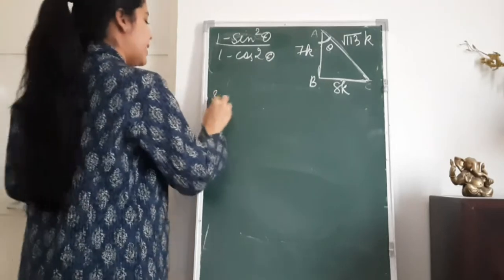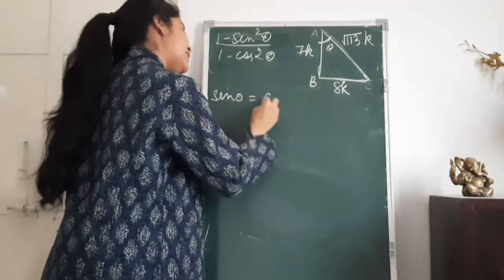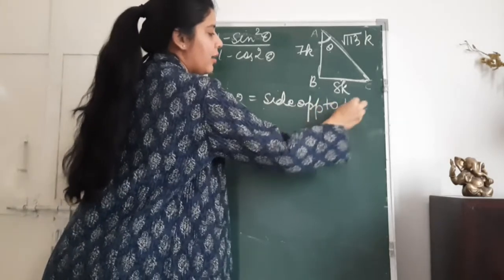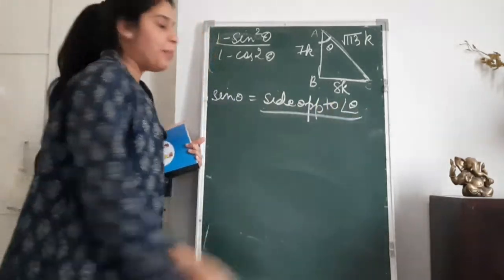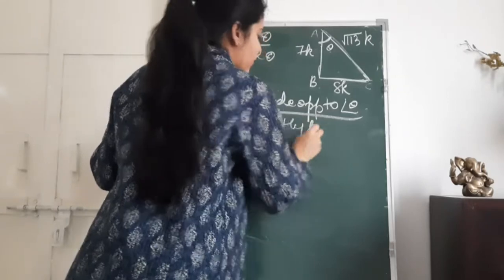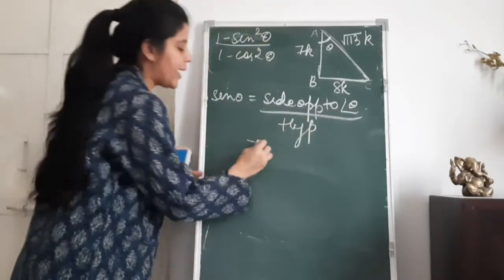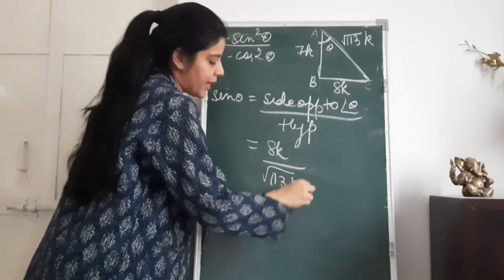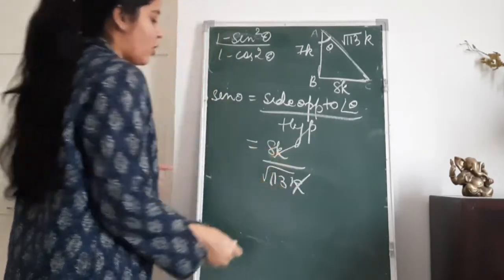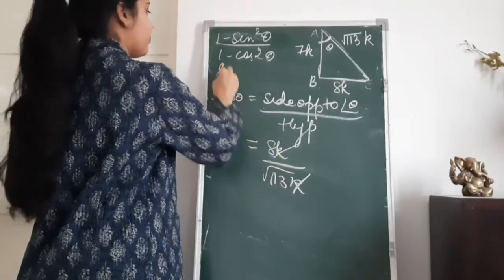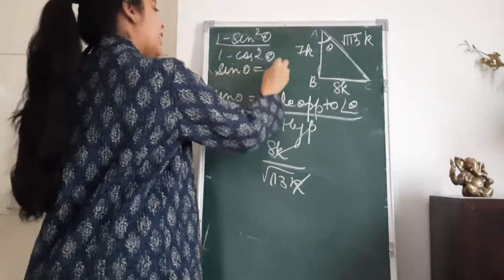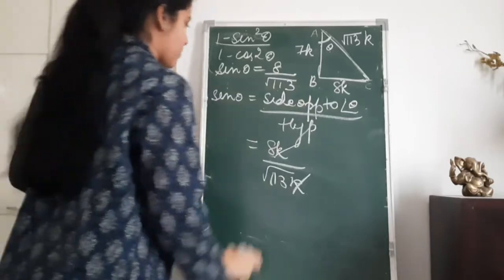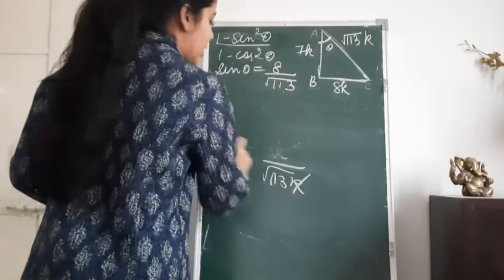Now what will be sin theta equal to? Sin theta is side opposite to angle theta upon hypotenuse. Which side is opposite to angle theta? 8k. Hypotenuse is root 113k. k and k will get cancelled. So I have sin theta as 8 upon root of 113. What will be cos theta equal to?